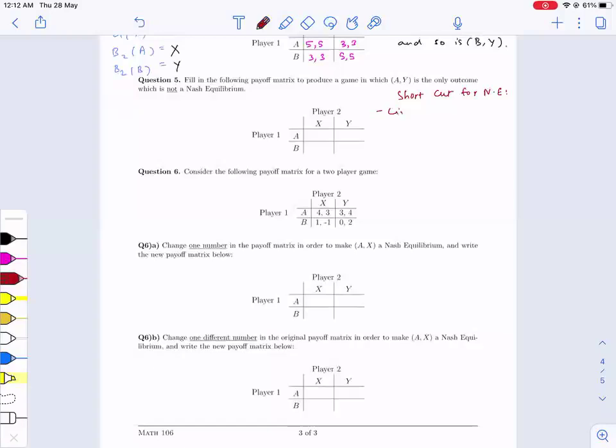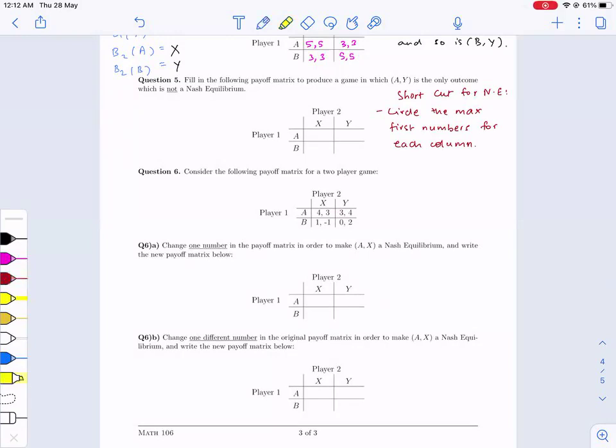You first circle the maximum first numbers for each column. And by first numbers, I mean the payoffs for player 1. So the first entries in each of these boxes, right? So let's see why we do that.